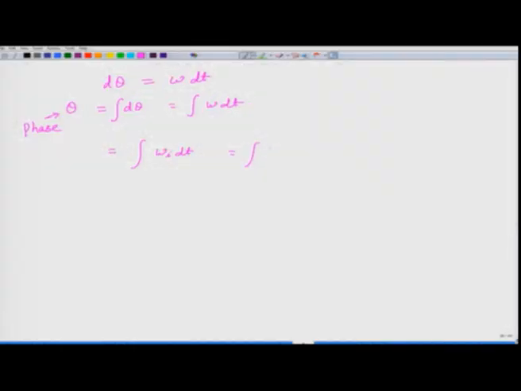This overall phase of the frequency modulated wave will now be the integral of omega_c plus delta omega sin(omega_m t), because the frequency of the modulating wave is omega_m. So, if I integrate, I will get omega_c t minus delta omega divided by omega_m, cosine of omega_m t. So, this will be theta.